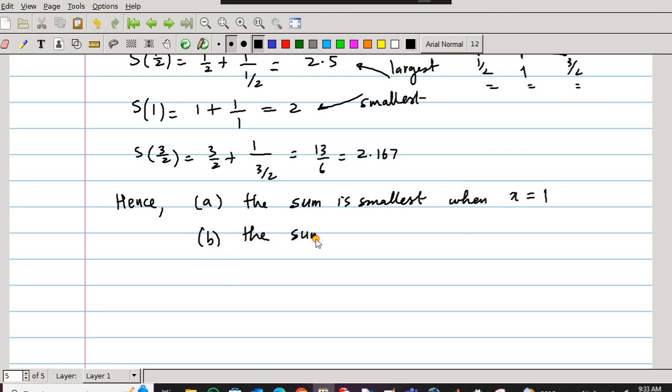He did not ask me the largest sum and smallest sum. He only asked me to find the number. He said find a number that gives you the smallest sum. So I got number x is equal to 1 by 2. So 1 by 2 will give you the largest sum of itself and its reciprocal, and 1 will give me the smallest sum. Okay, so that's one thing.